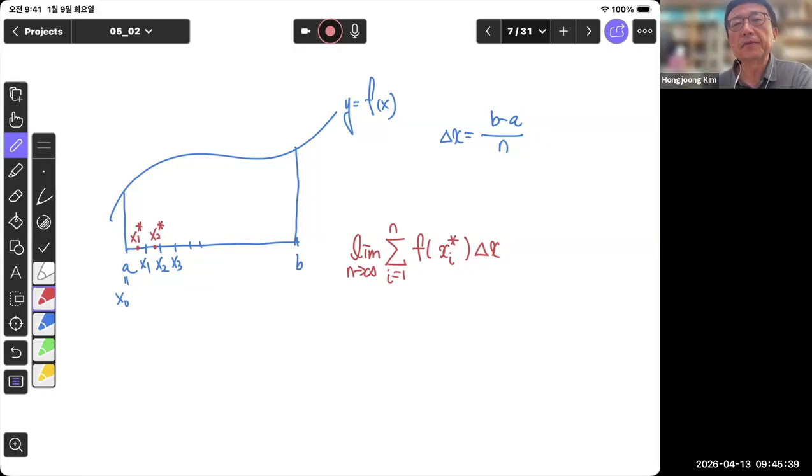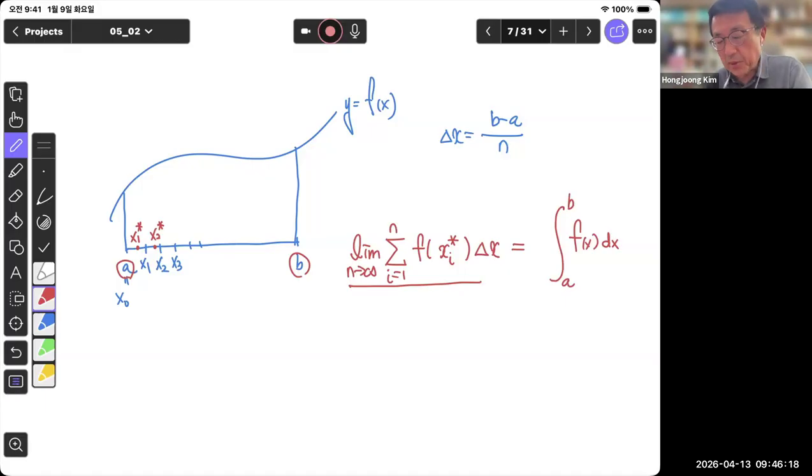But if this limit exists, then we express that limit using this lengthy S-shaped symbol with f of x dx, and the lower limit a and upper limit b are used as the subscript and superscript of this S-shaped symbol.